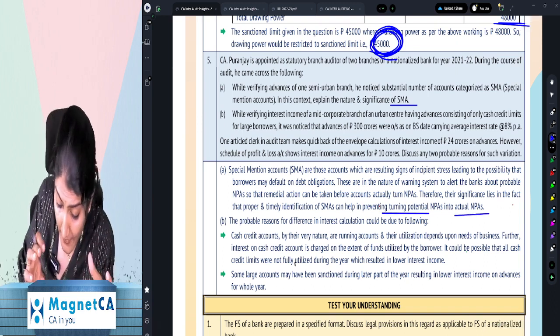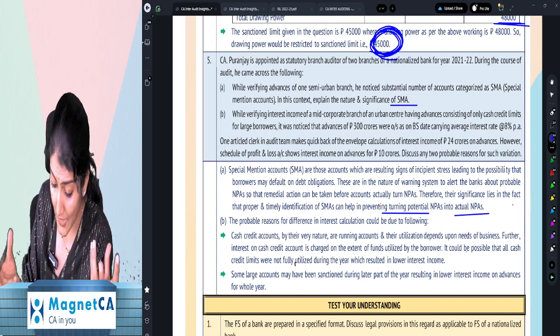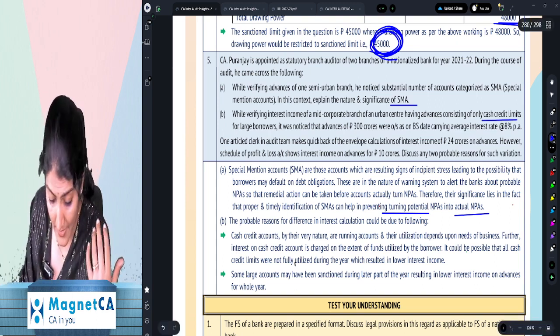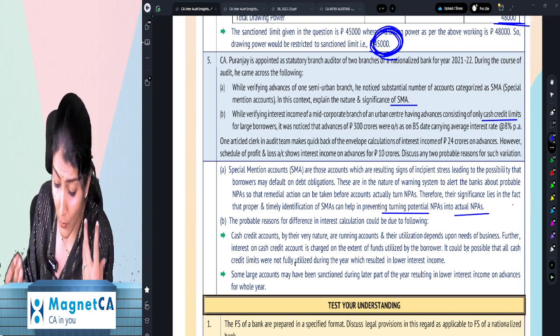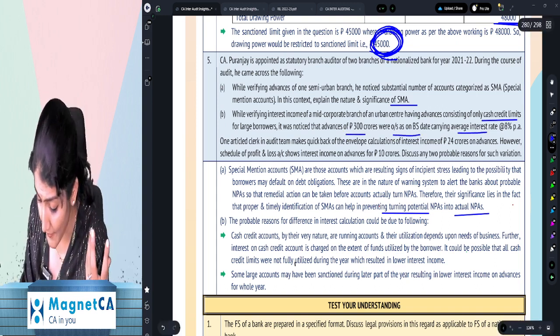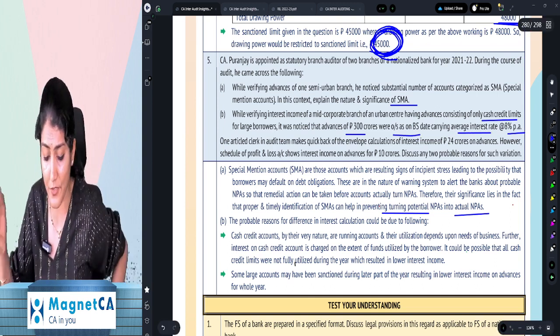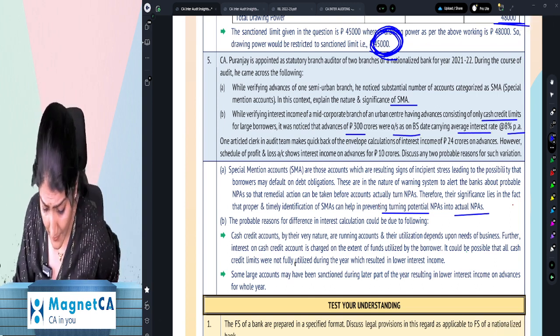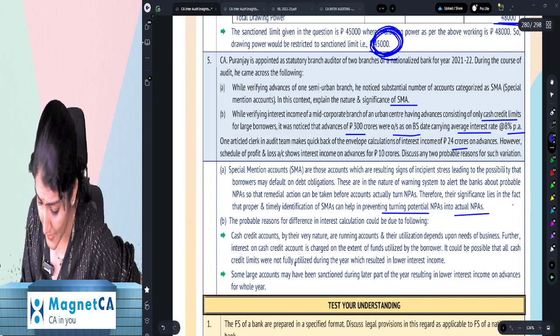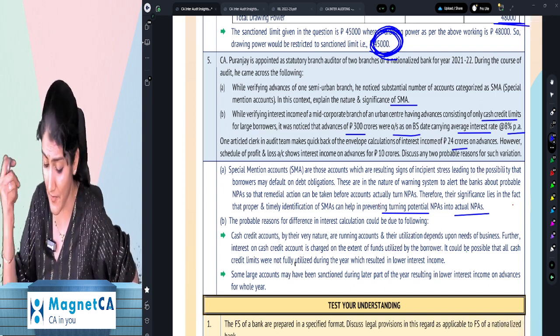Then, while verifying interest income of a mid-corporate branch of an urban sector having advances consisting only of cash credit limits for large borrowers, it was noticed that advances of 300 crore were outstanding, carrying a weighted average rate of interest of 8%. One article team made a quick back of the envelope calculation of interest income as 24 crore. Okay, 8% of 300, 24 crore.